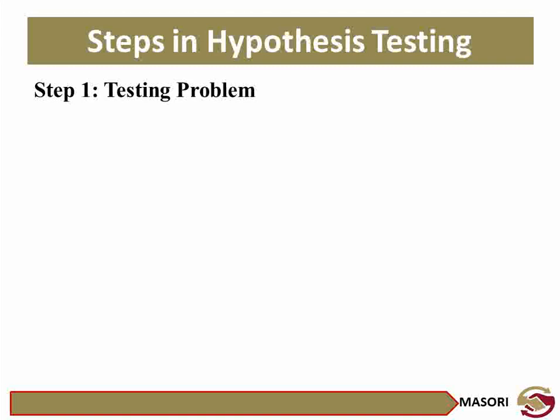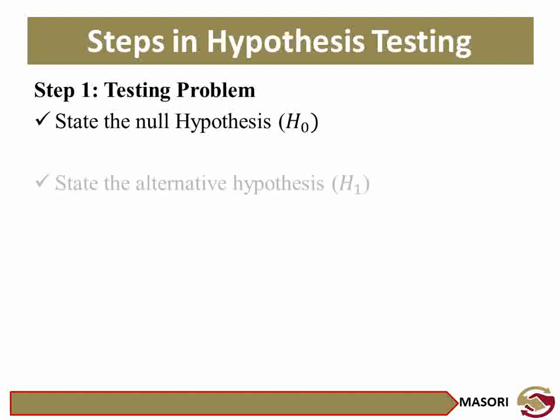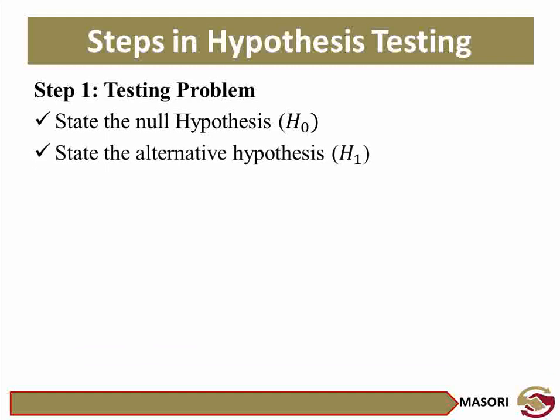In testing the problem, you are identifying what your null hypothesis is, and you are also stating your alternative hypothesis. This is the part where you need to indicate which statement has no effect and which statement has an effect. So state the null hypothesis and state the alternative hypothesis.